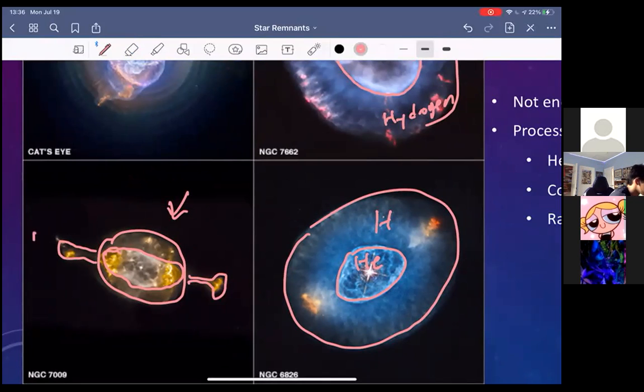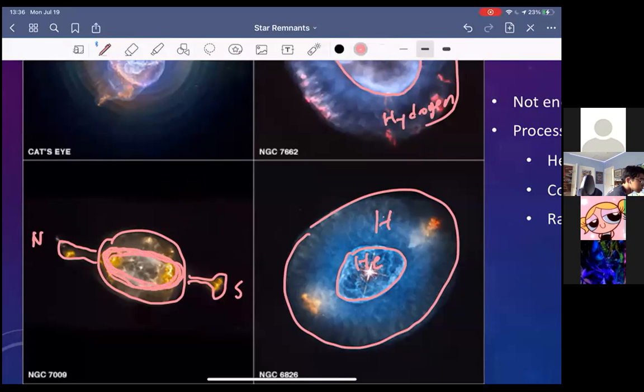So if this is the North Pole and this is the South Pole, the star had a really strong magnetic field and forced a lot of its matter and gas out along its poles because of its super strong chaotic magnetic field. That's also what caused a really flat shape in the center, a really flattened shell.